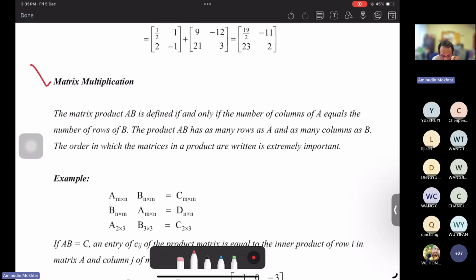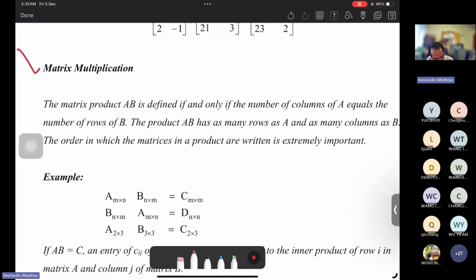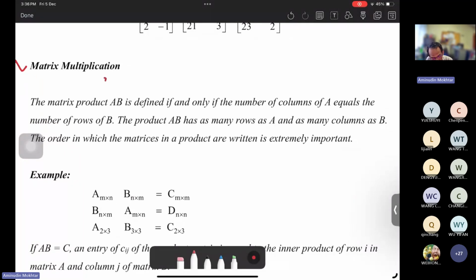The matrix product or matrix multiplication of A and B is defined, in other words can be calculated, if and only if the number of columns of A equals the number of rows of B. Now, again, we are talking about A times B, equal to AB.